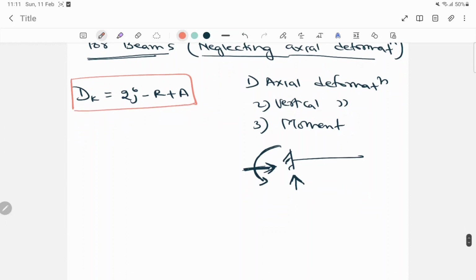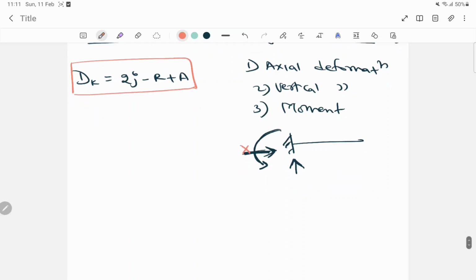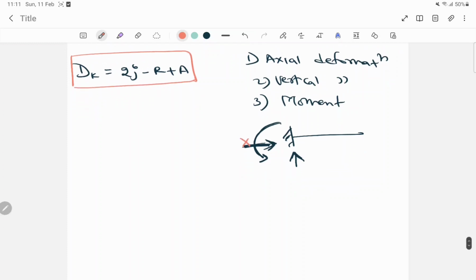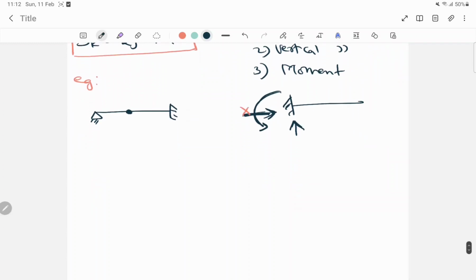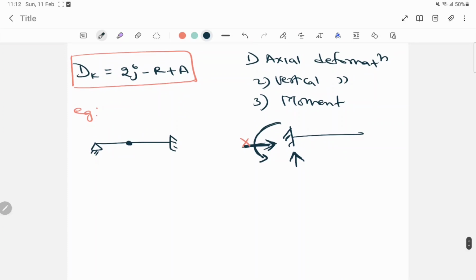For example, this is a beam where one end is a hinge and the other end is fixed, and one hinge is present in between. So in this case we have to use this formula.